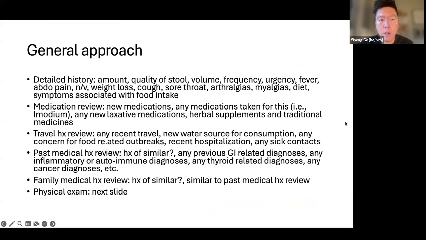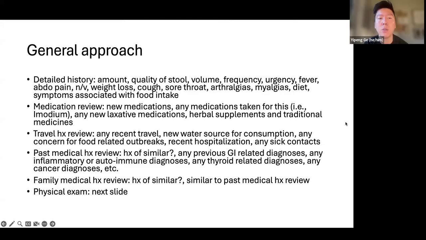A good general approach: there's so much you can do prior to even the physical exam. Take a really detailed history to understand the amount of stool, the quality of the stool, the volume, the frequency, any urgency they might have, and then think beyond just the diarrhea symptoms to things like fever, abdominal pain, nausea, vomiting, weight loss.